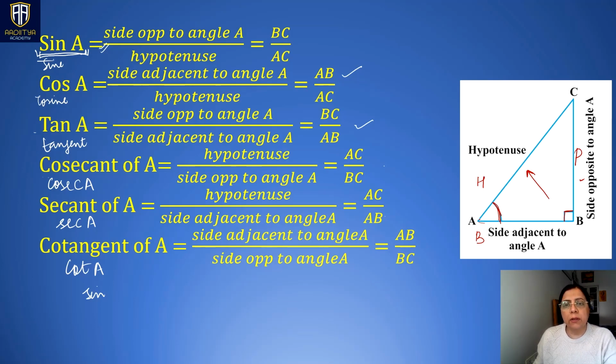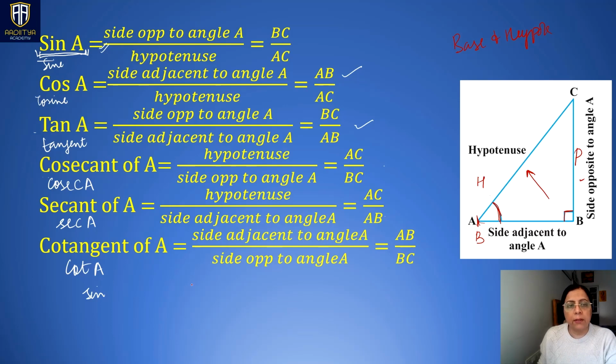So if we are right now talking about angle A, the hypotenuse is fixed, and the angle we are taking is always formed between base and hypotenuse. You have to remember base and hypotenuse. So for angle A, we treat AB as the base, and then BC automatically becomes the perpendicular.